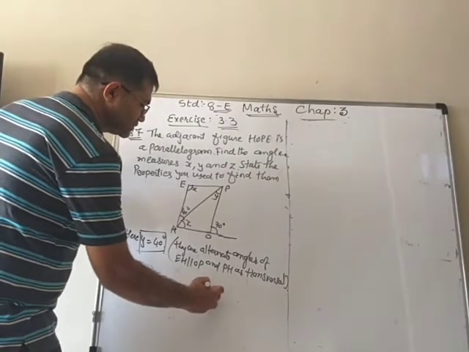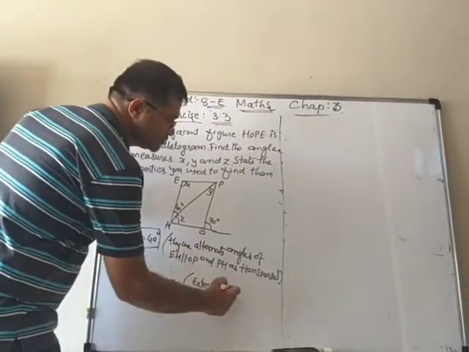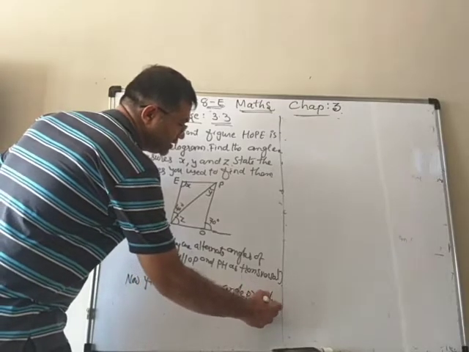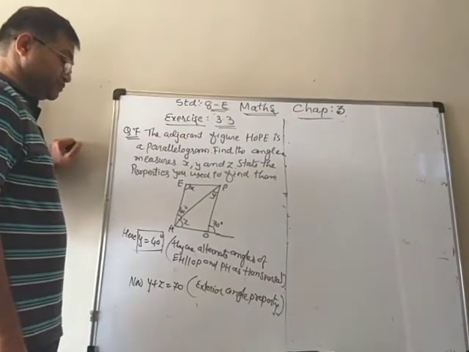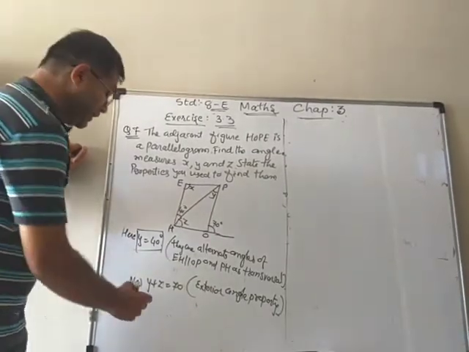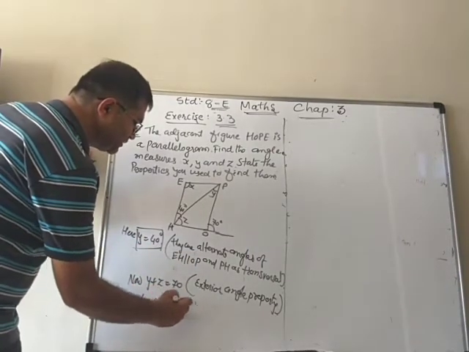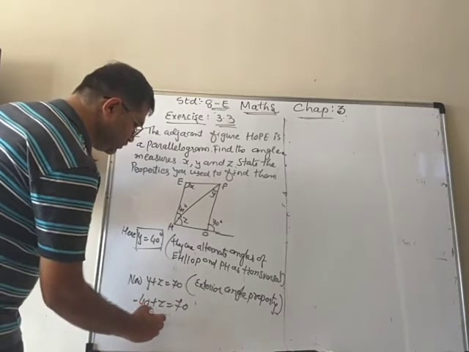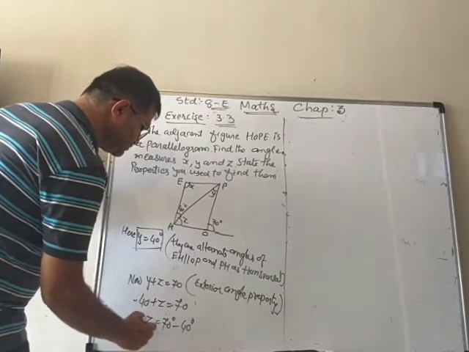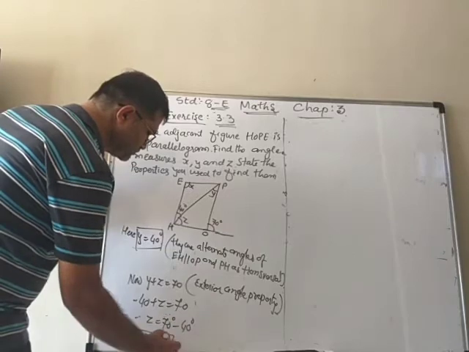We don't have to write down the whole property, only write down the name, exterior angle property, that we learned in standard 7th. And therefore we know the value of Y. 40 plus Z is equal to 70. So Z is equal to 70 degree minus 40 degree. So we get the value of Z as 30.